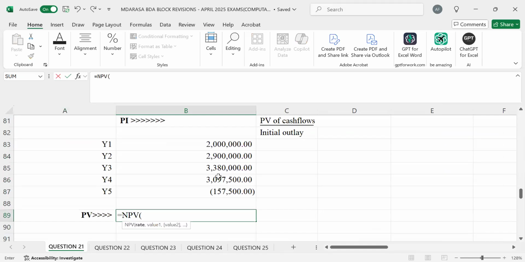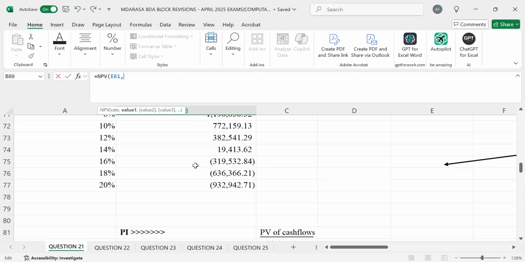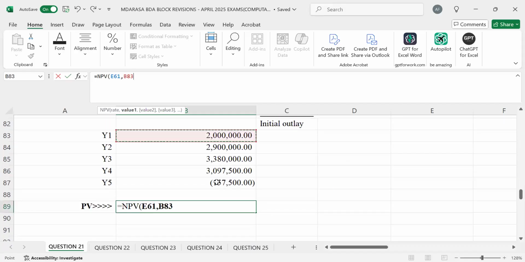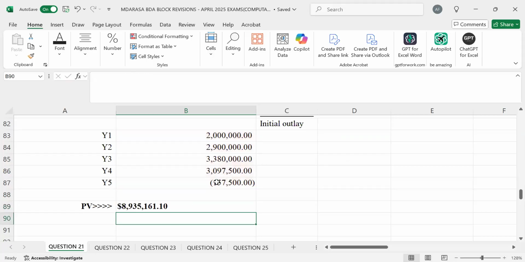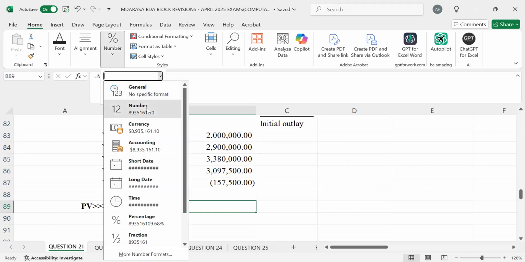We take our rate that you're given there, the 9.2%, comma, we take our values, but we don't include the initial outlay, so that we have the present value of our cash flows.